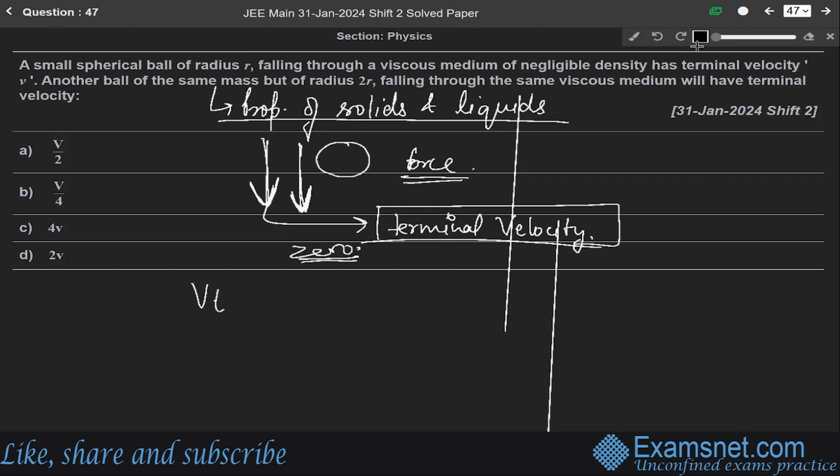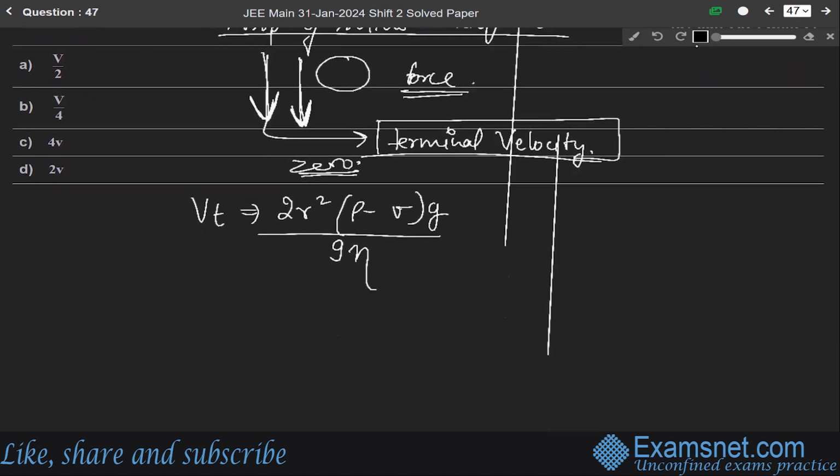So the formula for terminal velocity is 2r square (rho minus sigma) g over 9 eta. Here rho is constant, sigma is constant, g is constant.